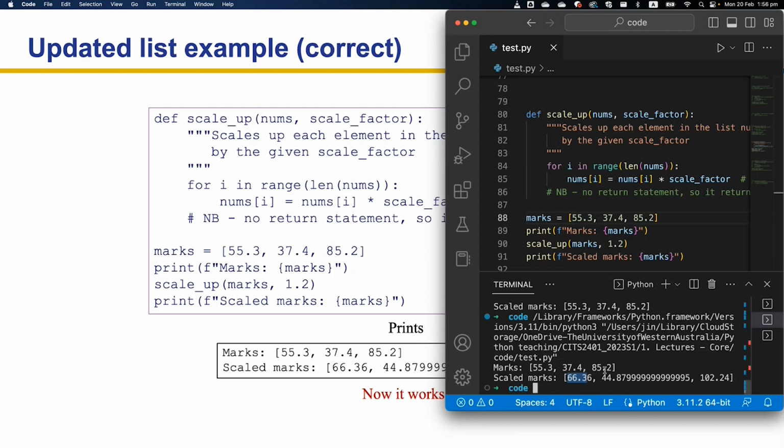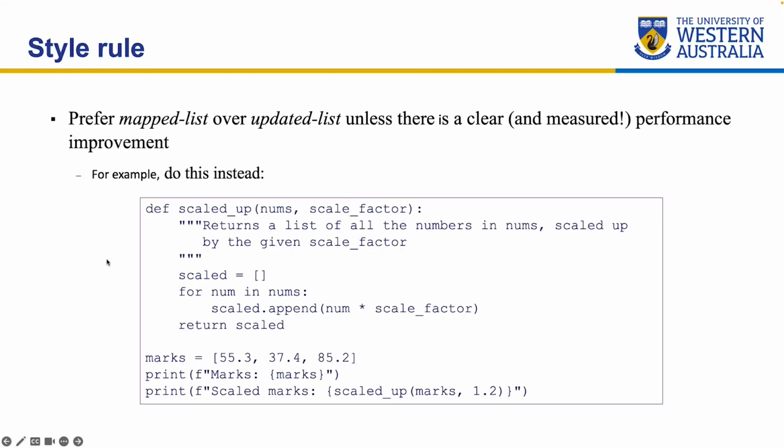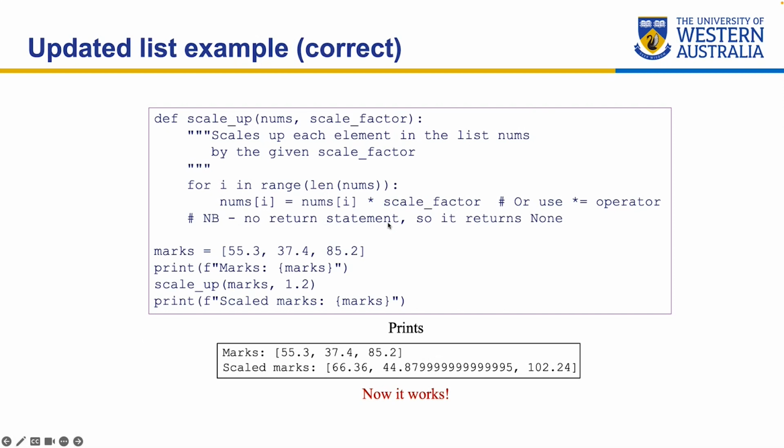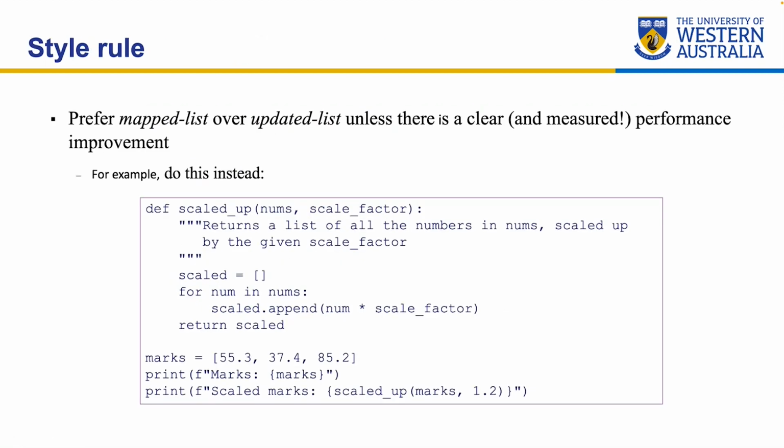Okay. So now it is updating correctly, which is good because we have just achieved this. By referencing nums i, we are updating this reference to the new value. So this should be 66. Oh, yep. So now it's working correctly.